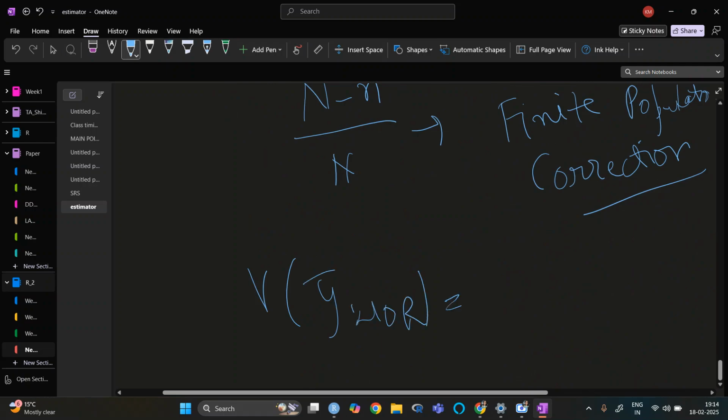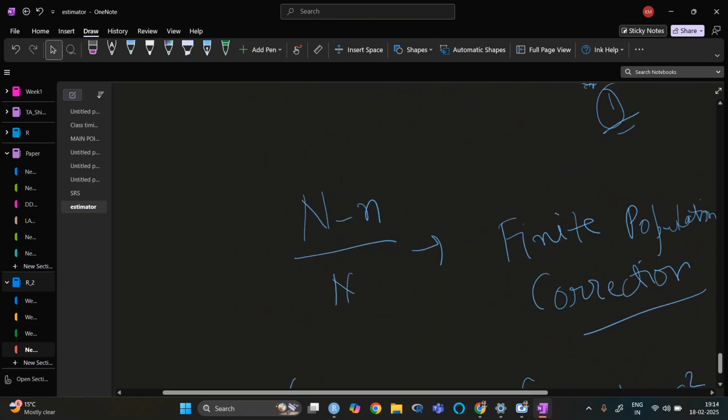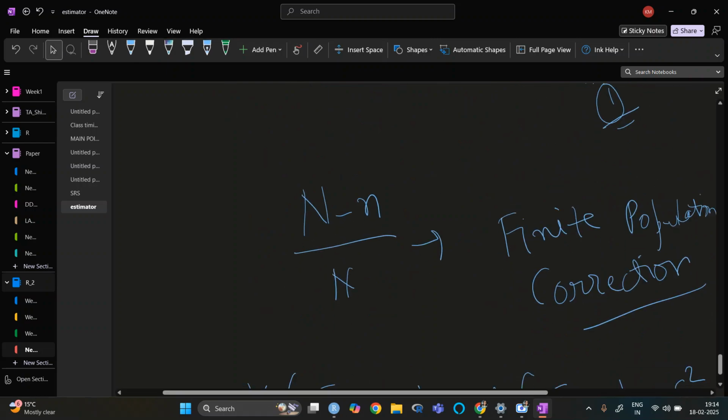So we say that V of y WOR equals V of y WR equals S square upon n, but if the population is small, that's why we say finite population correction. Otherwise, if it is 1 lakh or 10 lakh, we just say the population is infinite.